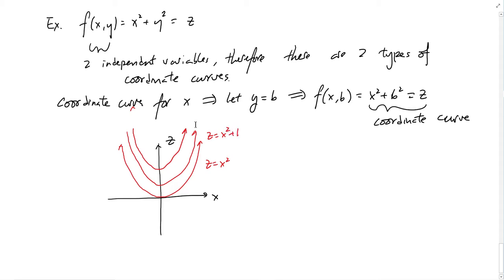Now they fix that. And we'll fix this. There you go. That looked pretty good. And that equal to z equal to x squared plus 2, and then on and on. So therefore, in this case, the coordinate curve for this function on the xz plane will be a parabola.